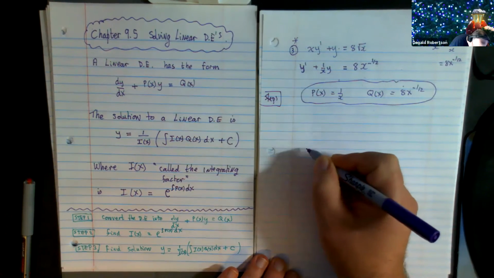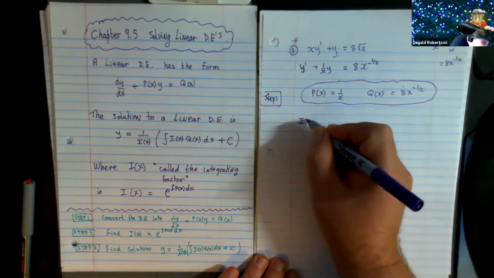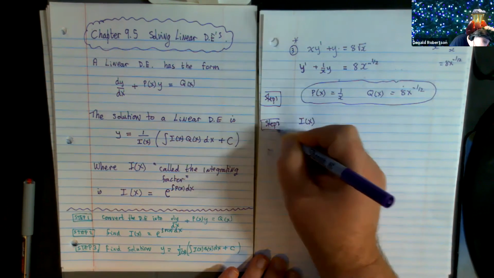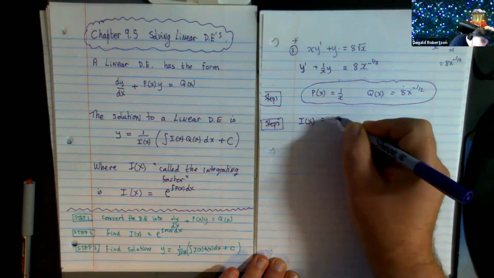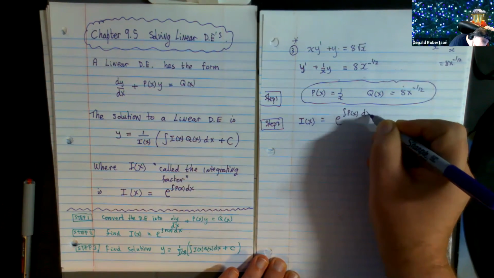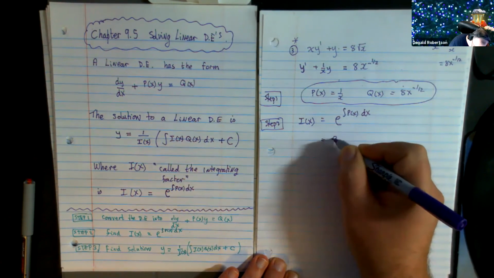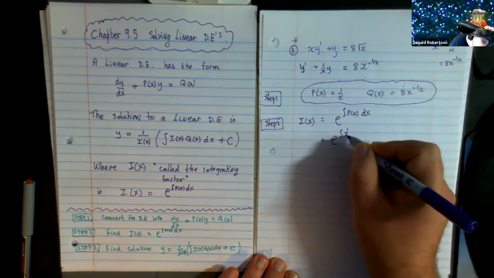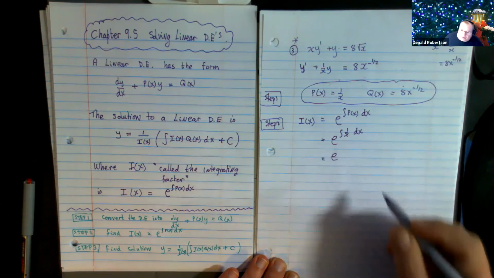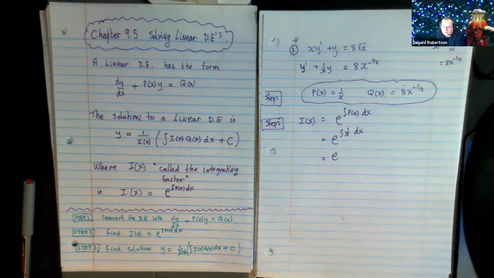I'm looking at the integrating factor. That's step 2. It's e to the integral of p of x dx, e to the integral of 1 over x dx. Isn't the integral of 1 over x just the natural log of x?